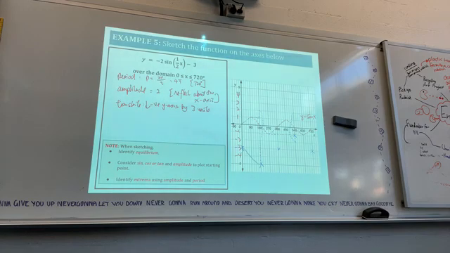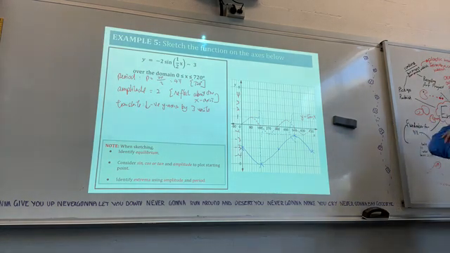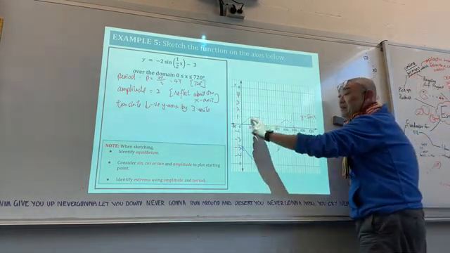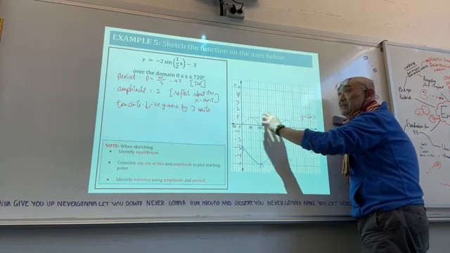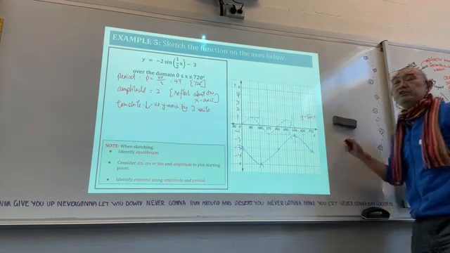So the graph now, function now looks like this. That's scary. It's a little bit more complicated in a way because you've got to think about the degrees. You've got to first think about the change in period.